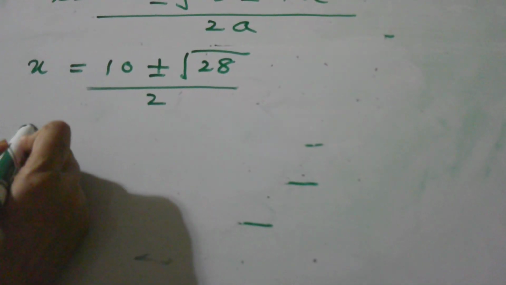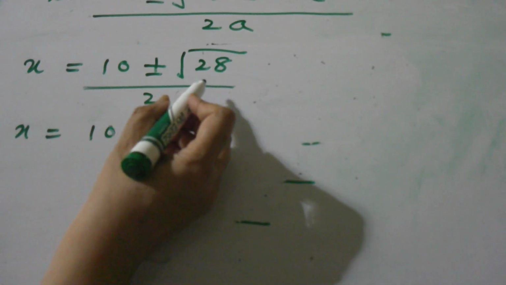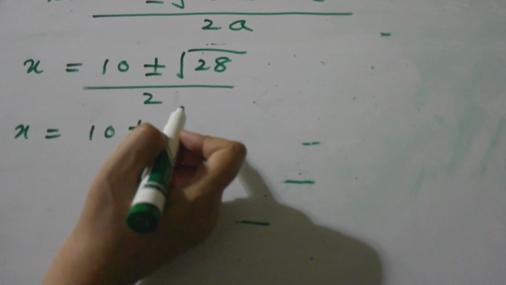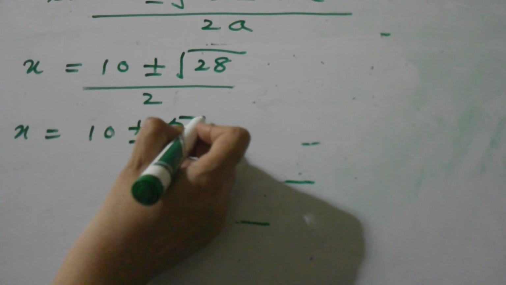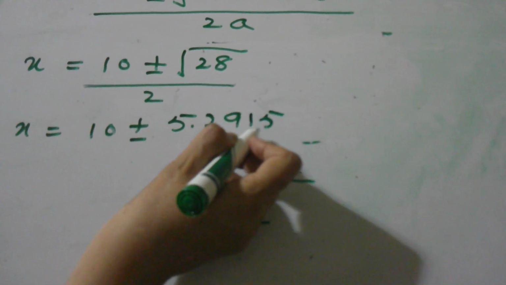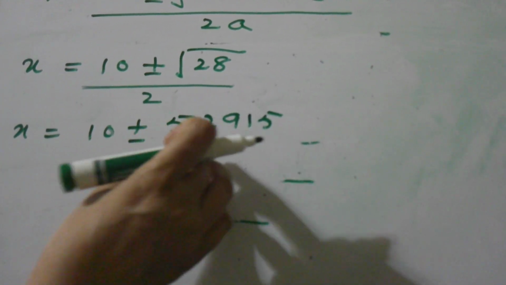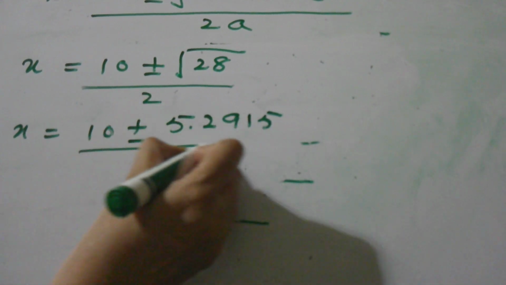The square root of 28 should be in decimal form, 5.2915. This is not the exact answer, so I am writing only 4 digits after the decimal point.